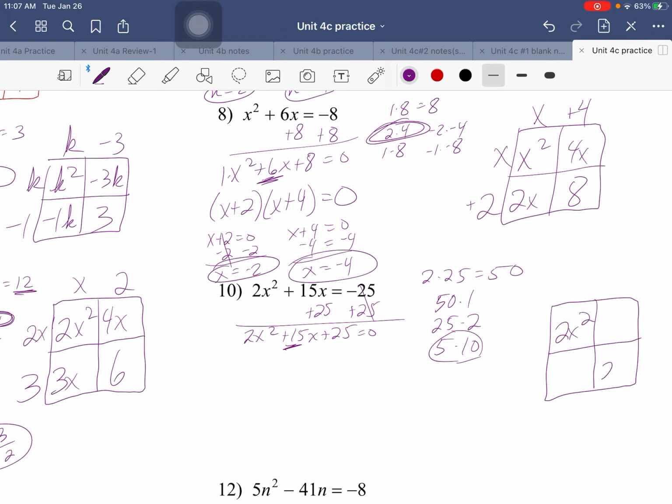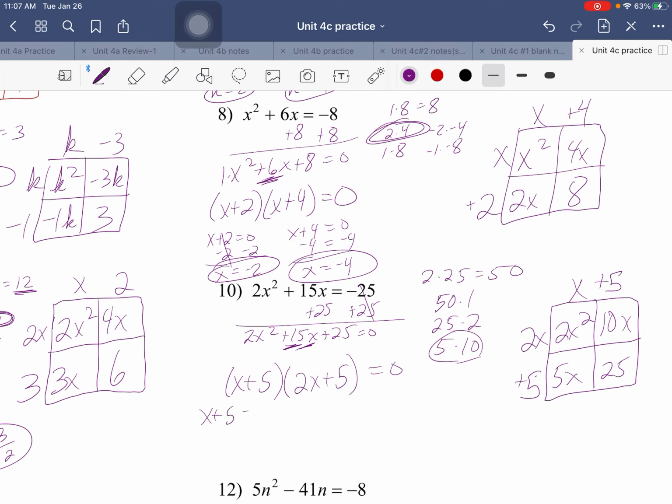2x squared, so that's A term. C term, bottom right. 5x and 10x. Greatest common factor of the bottom row is 5. Top row, 2x. Greatest common factor of the first column, x. Last column, 5. So we have x plus 5, because it's positive 5, and 2x plus 5.